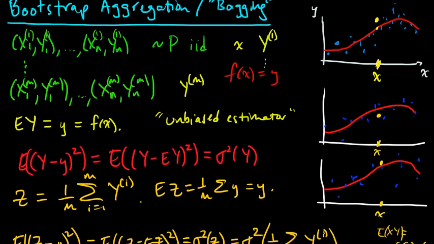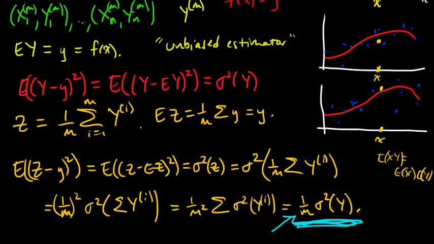We said we'll take m draws from our distribution, and our expected loss is 1 over m times the variance of our original estimator. So by taking m to infinity, this expected loss is going to go to 0. Now, of course, in all of this, we've been assuming that we could get actual IID draws from the true distribution.